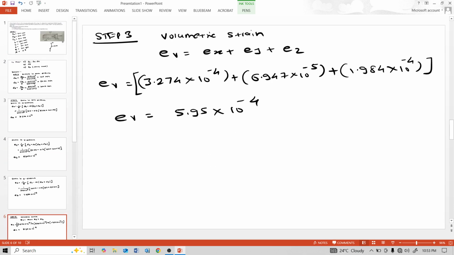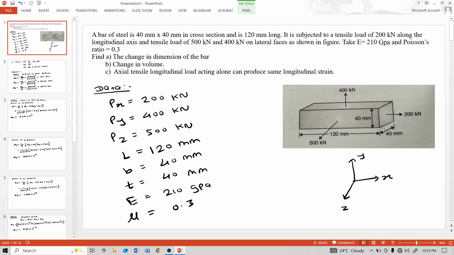Original volume of that rectangular bar is length into width into thickness, 120 into 40 into 40.